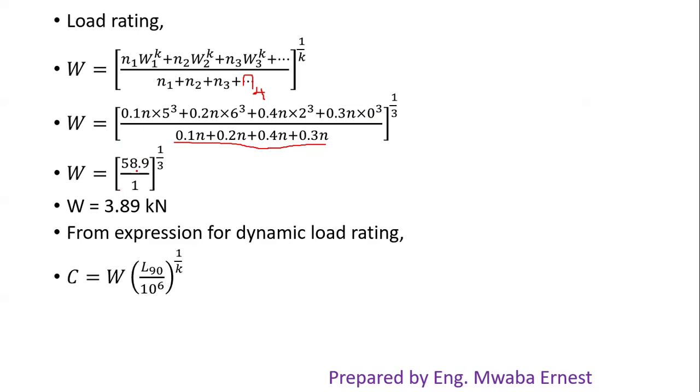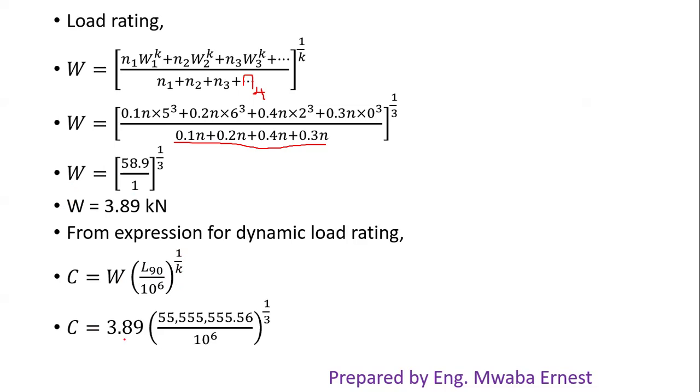Now with this, the dynamic load rating I have is here, where I have C is equal to W, L90 over 10 power 6 raised to power 1 over K. You can see that we calculated W there. We also calculated for L90. So what do we do next? We substitute.